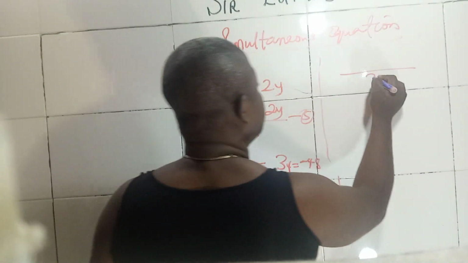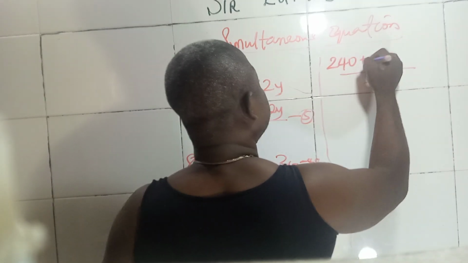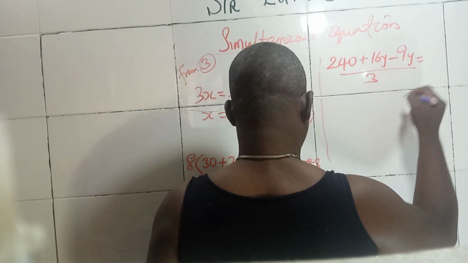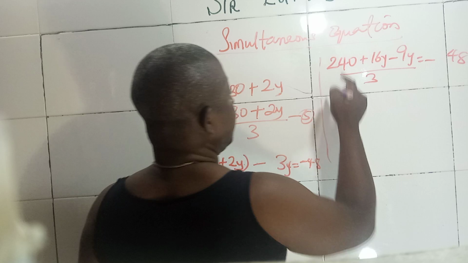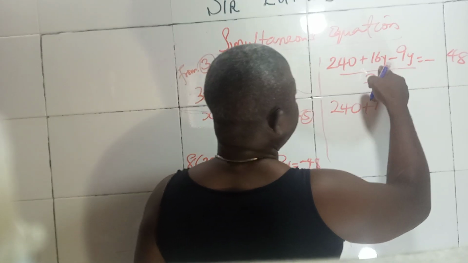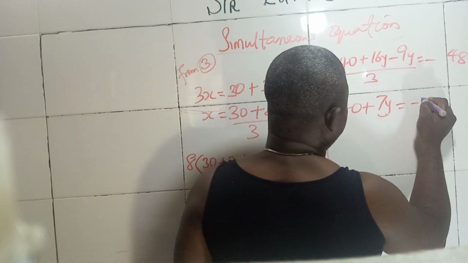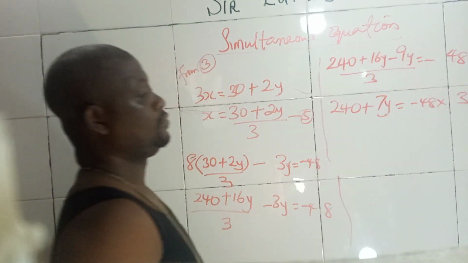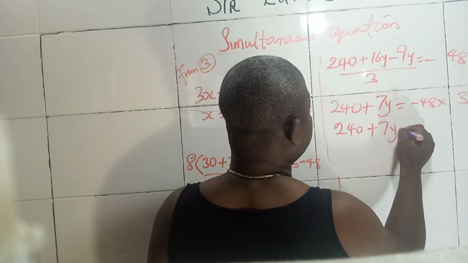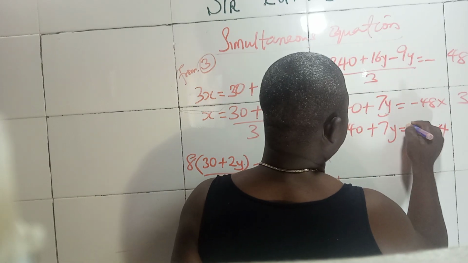So we have 240 plus 16y, then 3 times 3, that's minus 9y is equal to minus 48 times 3, that's minus 144. So 16y minus 9y is 7y.